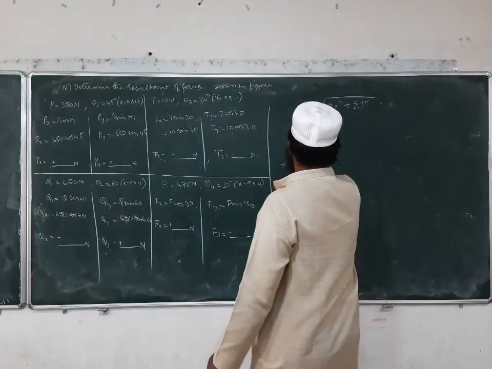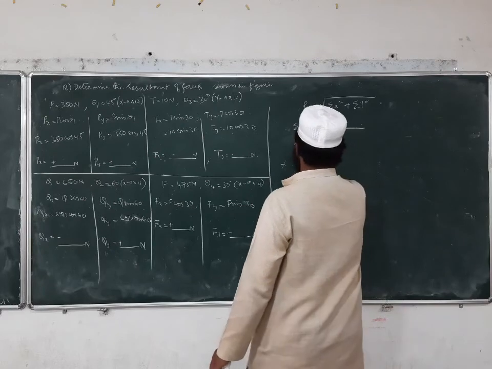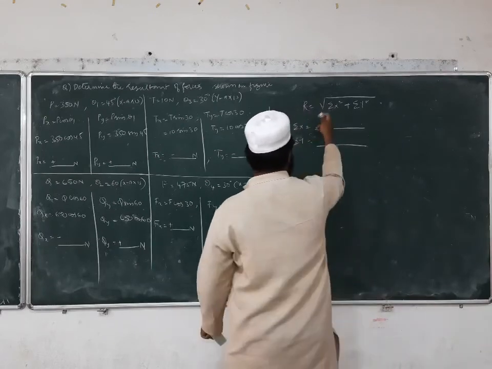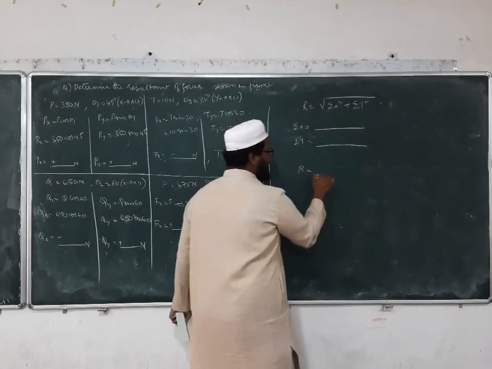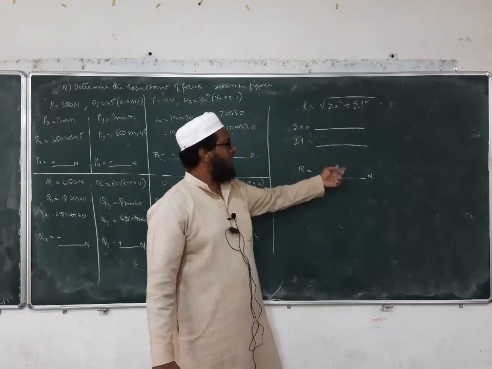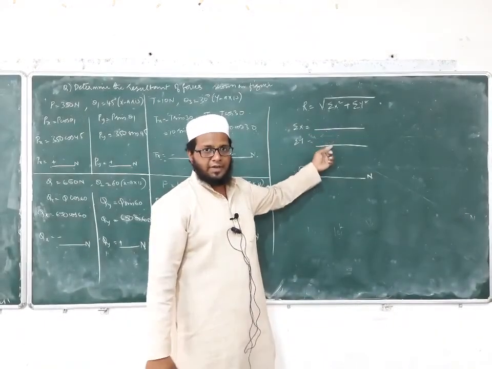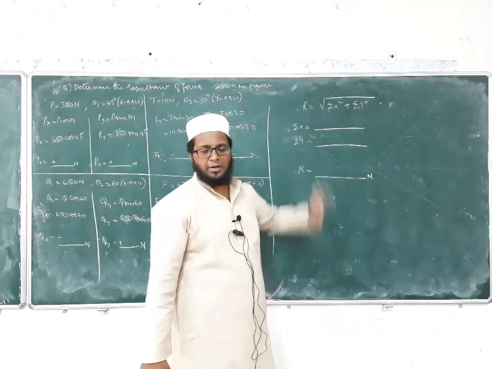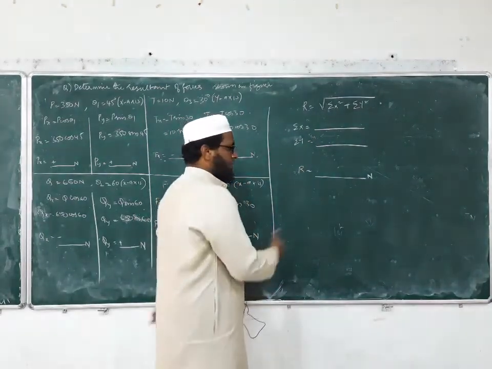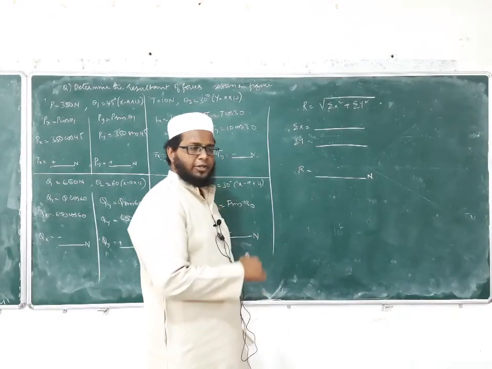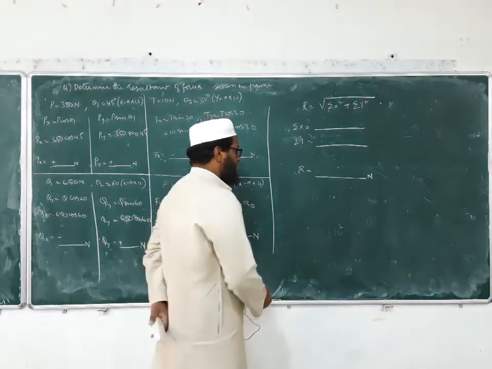So you have to calculate sigma x and sigma y, then substitute them in this formula, and you will get the value of the resultant in newtons. The direction of the resultant will depend upon these values. If one is positive and the other is negative, then depending upon that, it will be up to the right, down to the left, down to the right, or up to the left. Whatever it may be.